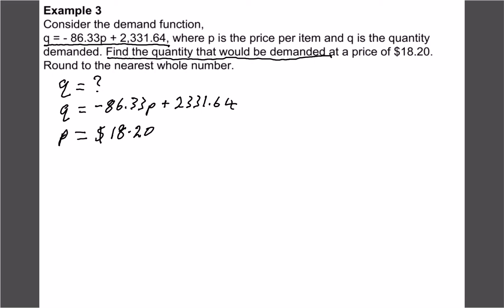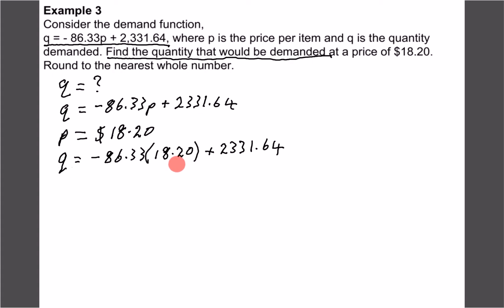Now, in order to get Q, we just take this value of P and substitute it where we see P. So we're going to substitute it on this side. So we have Q equals negative 86.33, we'll replace the P with 18.20. Remember, when you're replacing, you don't put the units, so the dollar sign goes out.